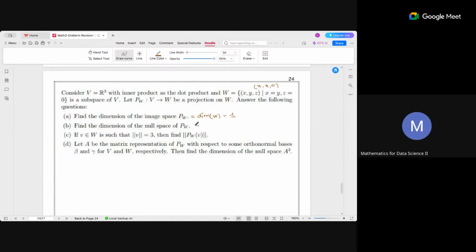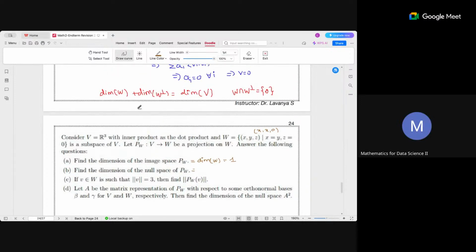What is the dimension of the null space? You use this property now. Dimension of W perp is dimension of V minus dimension of W, from this property. So it is 3 minus 1, which is 2.